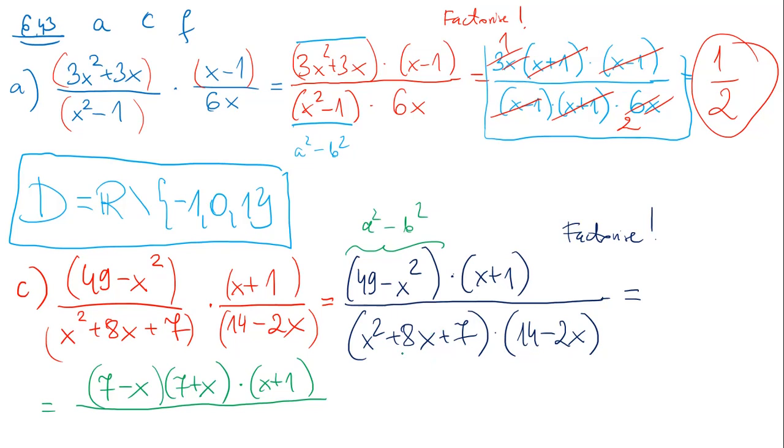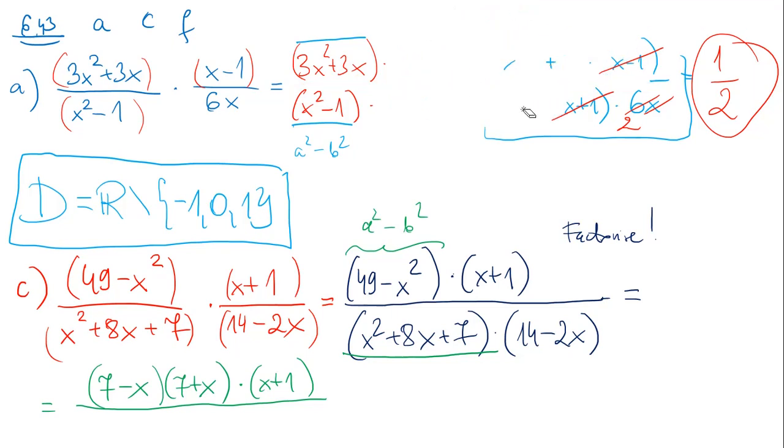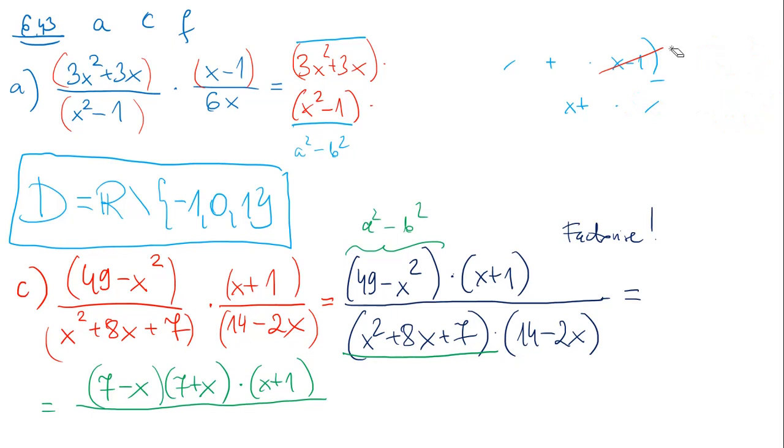Well, it's a bit complicated because this one, well, there's no multiplication rule. So what do we have to do? Well, I guess we need to calculate delta, right? Because this is a quadratic function. Let me just find some space here.